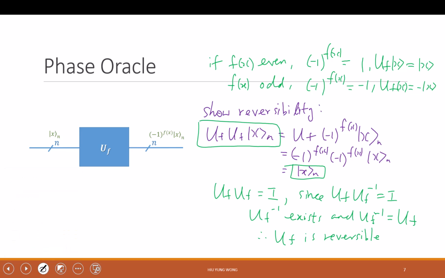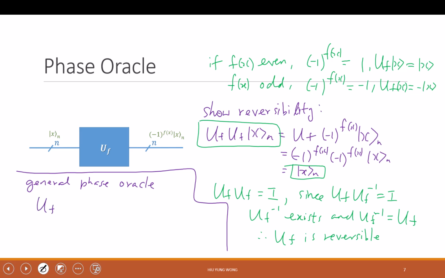I just want to take this opportunity to mention that this is just a special case of phase oracle. There are more general phase oracles we will not discuss in this class, but I want to let you know so that in the future, when you study or see a paper, you will not be surprised.